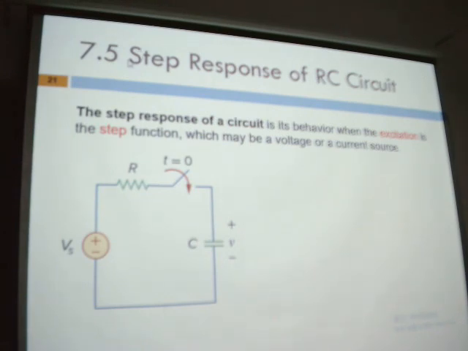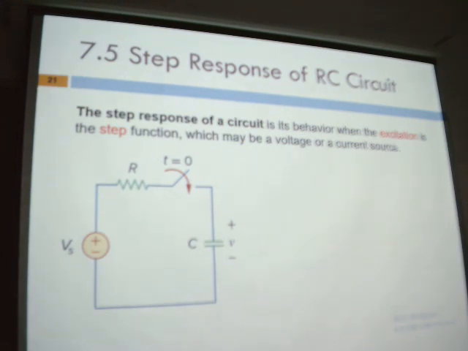So now we're going to see section 7.5, the step response of an RC circuit. The step response is a very basic one of our course. The step response of a circuit is its behavior when the excitation is a step function. What does the excitation mean?